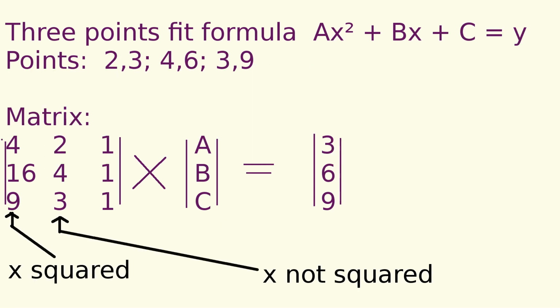To get the parabola that passes through 3 points, the square matrix has x squared, x, and 1 in each row, and the 3 y's in the column.